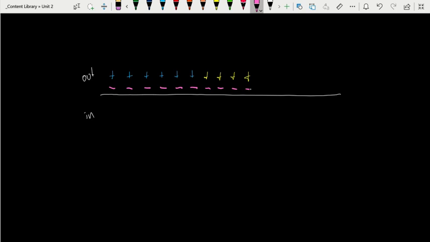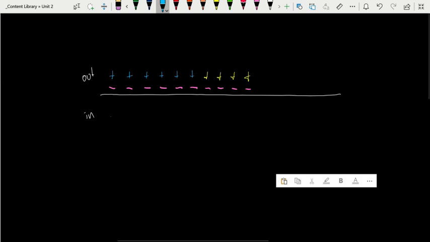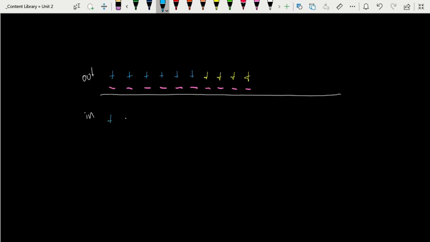For every positive, I have to have a negative. And that means also that on the inside of the cell, I'm at balance. And so I also have those same positives. These are, of course, represented by ions. These same positives and these same negatives.